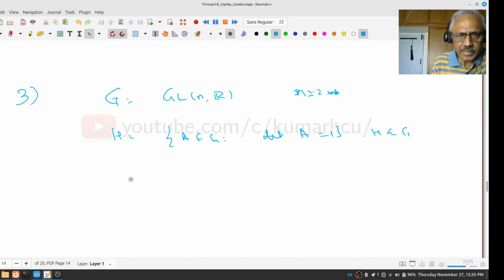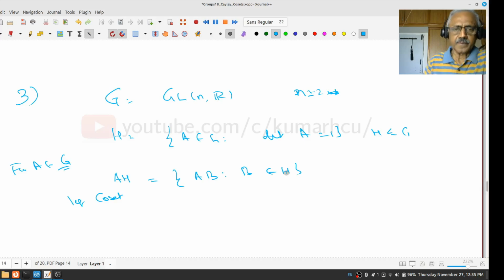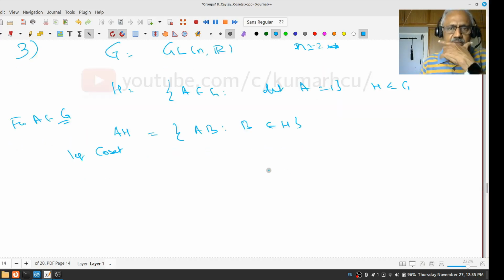Cosets are given by AH, fix A in G, this is the left coset. This is the set of all A times B, where B varies over H. Is that clear? The multiplication here is matrix multiplication. Now I want to identify this abstractly.